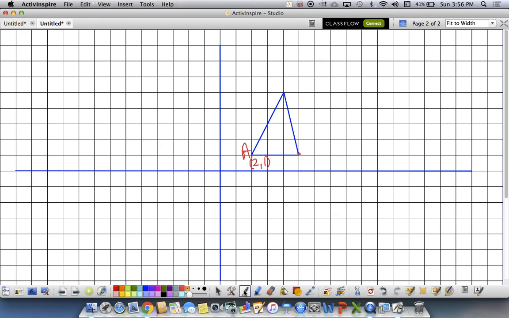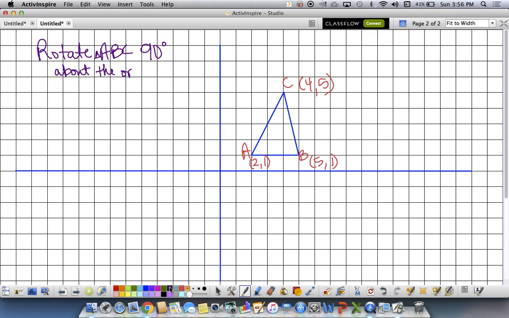Point B here is (5, 1). And C up here is (4, 5). If my instructions were rotate triangle ABC, let's just do 90 degrees, and they would say about the origin.